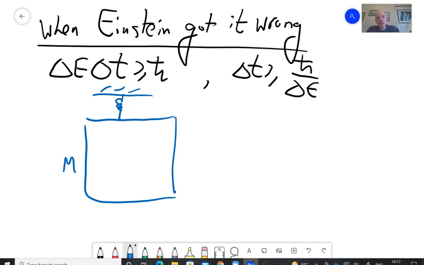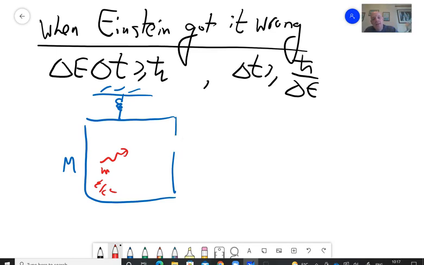And in the box, suppose that there is one photon of energy, let's say, small e, and mass e over c squared. Let's say m is actually the total mass of both the box and the photon. It doesn't really matter.